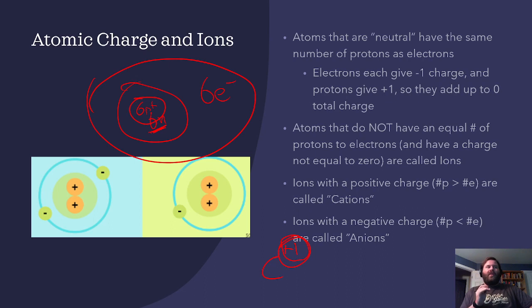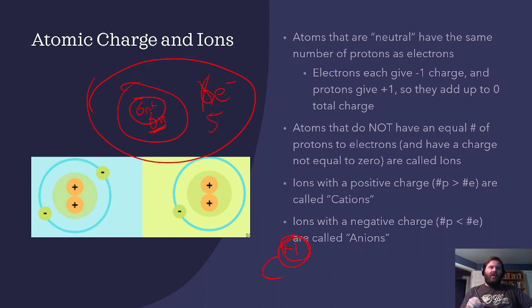Okay, and so what that means is that we still have the 6 protons here because it's still carbon, but instead of 6 electrons out here, we only have 5, right? And so we have +6 minus 5 gives us +1. We have an unbalanced charge of +1 because we have 1 fewer electron than we do protons.